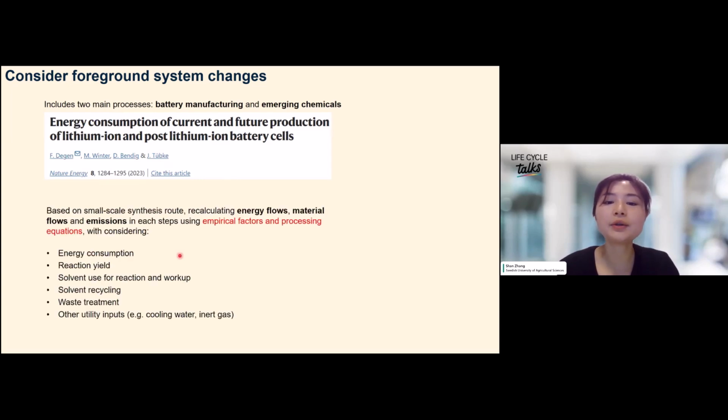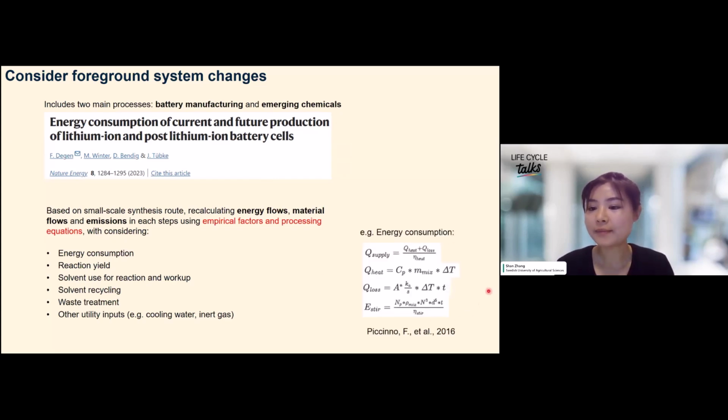Alternatively, we can use empirical factors and industrial process equations reported from previous studies to estimate the energy and material flows as well as emissions in each of the chemical steps for the novel chemicals used in emerging batteries. For example, these thermal equations can be used to estimate the energy required in the chemical production process.